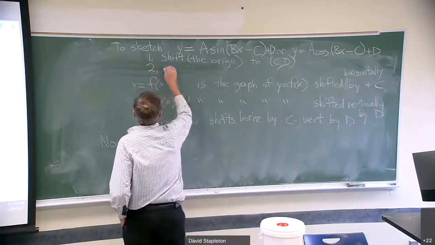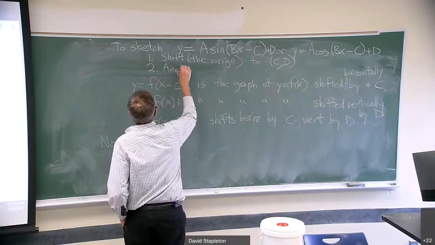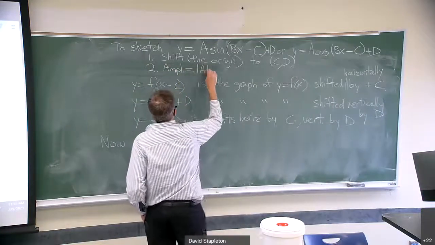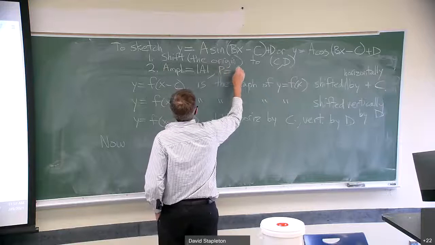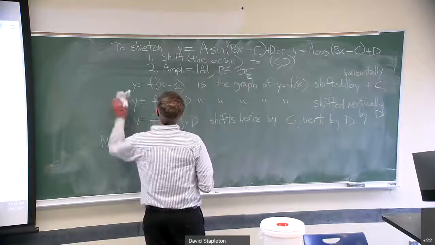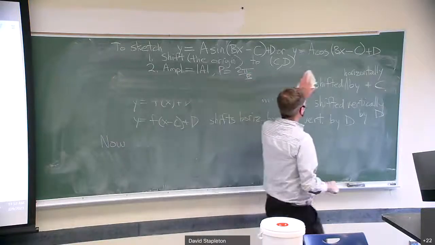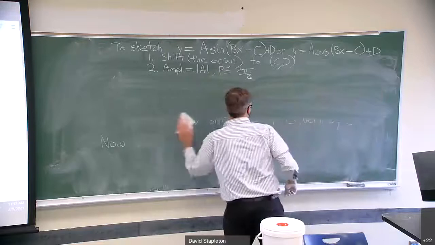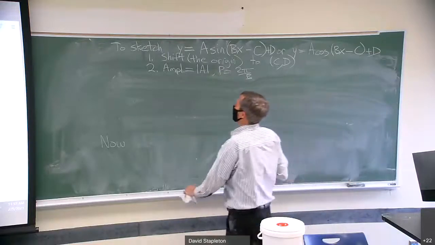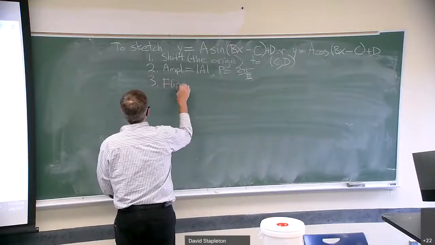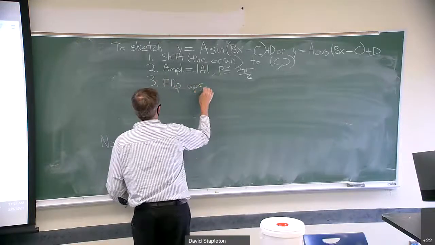You find the amplitude, which is the absolute value of a. The period is 2 pi over b. And 3, you flip upside down if a is less than 0.